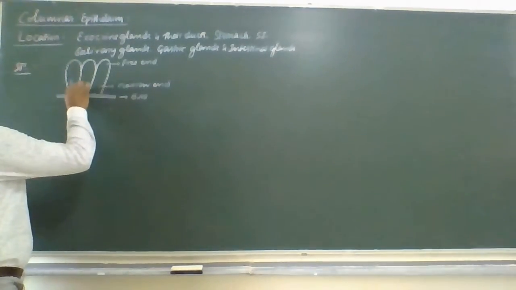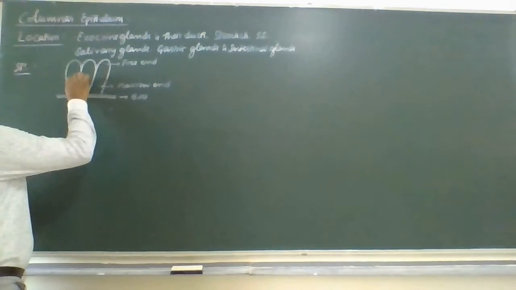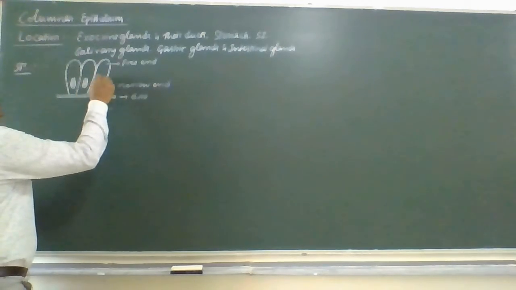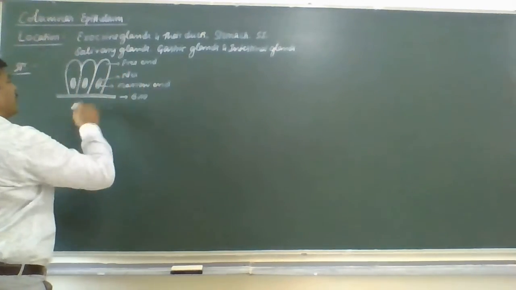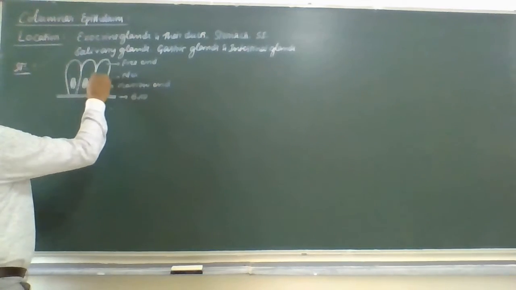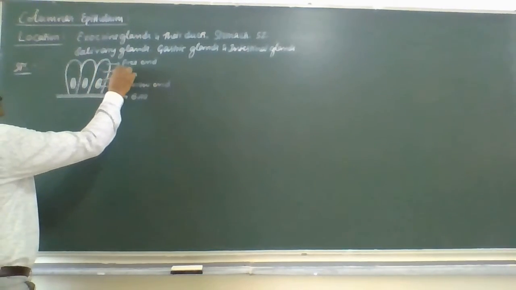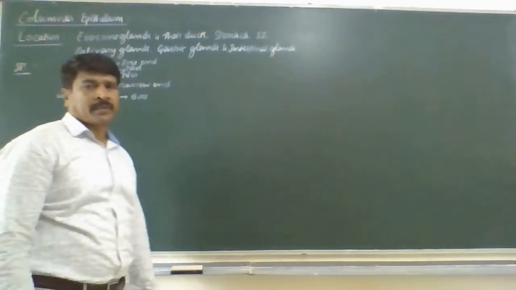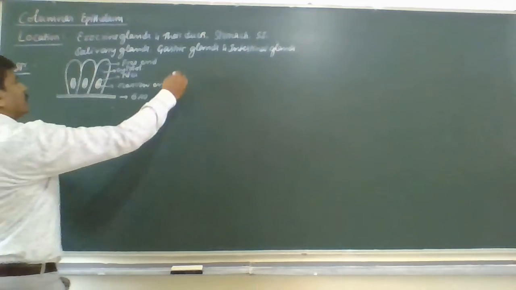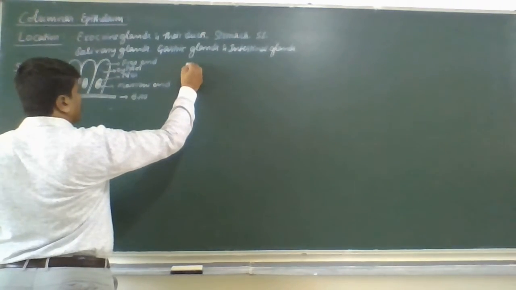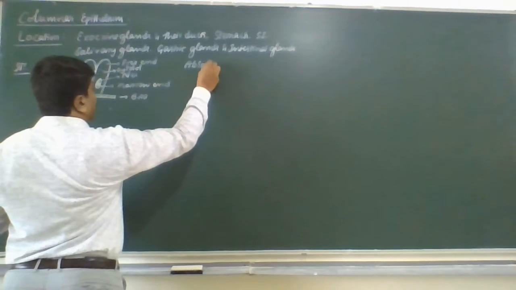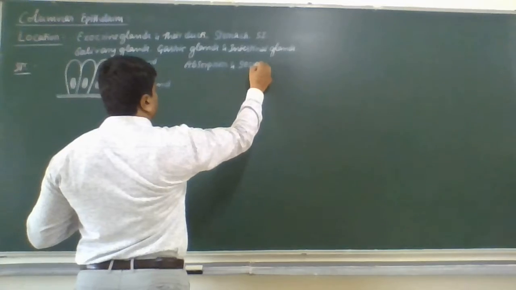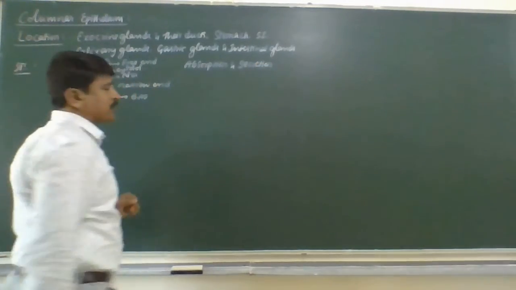The nucleus is elongated, located towards the basal narrow end, and it is surrounded by cytoplasm. I think you are getting it. This tissue is specialized for absorption and secretion.